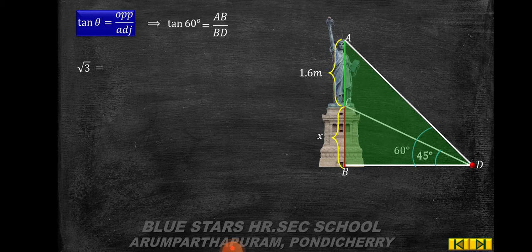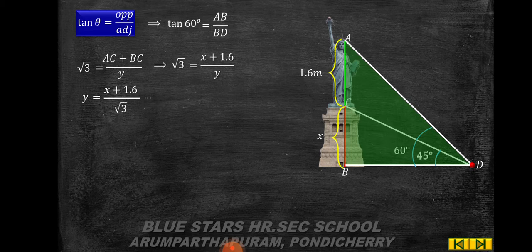Tan 60 degree value is root 3, which is equal to AB, which is AC plus BC, divided by BD, which is y. So root 3 is equal to x plus 1.6 divided by y. Y is equal to x plus 1.6 divided by root 3, which is equation number 2.